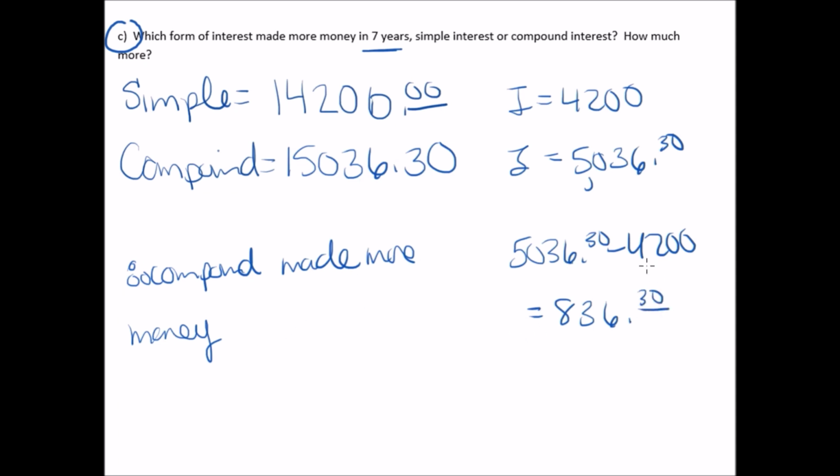So if you really think about that, in 7 years, it's over $100 more. Okay, so compound made more money by $836.30. When we're making interest on interest, it's definitely going to be a better idea and a better investment.